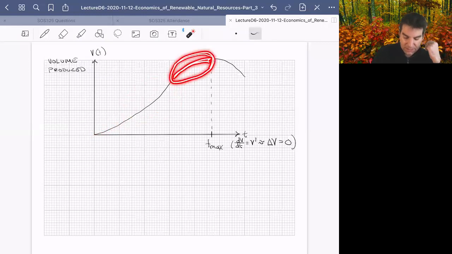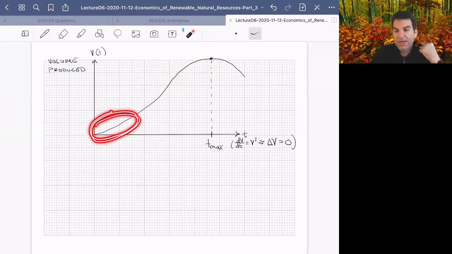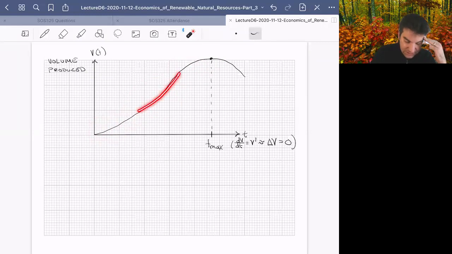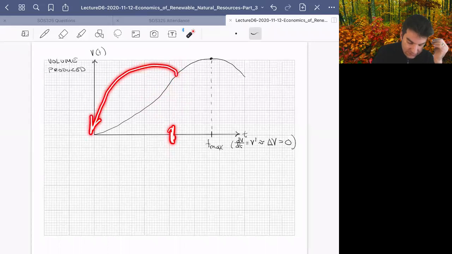And this slow growth out here is really no worse than this slow growth out here. And so it's better to position ourselves to be ready to transition into a new period of fast growth. And we do that by cutting. By cutting here, you're forcing the forest back into a portion here, which leads to fast growth again.